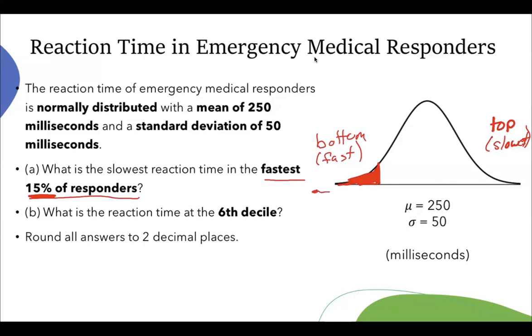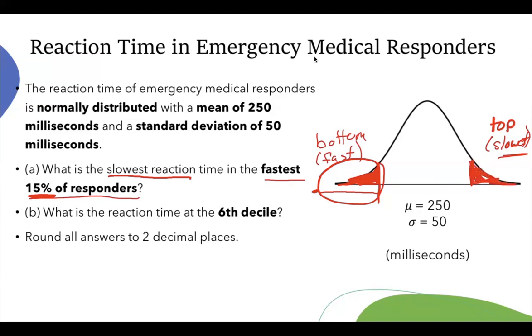Response times get slower and slower until it hits this point. And that is the slowest reaction time for the bottom 15%, the fastest 15%. Similarly, a question that asked about the slowest 15% would be this group up here.